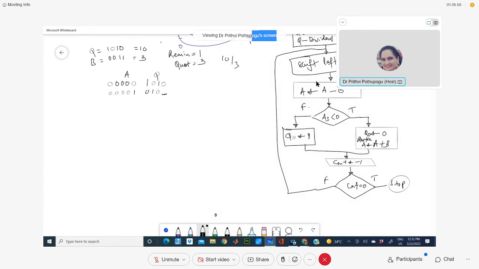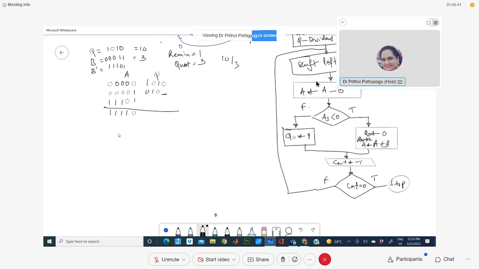You need to do the 2's complement addition of B. What is the 2's complement of this, along with the sign bit we are taking? The 2's complement of this is 10111. You add this one, 11101, and see what result you are getting.